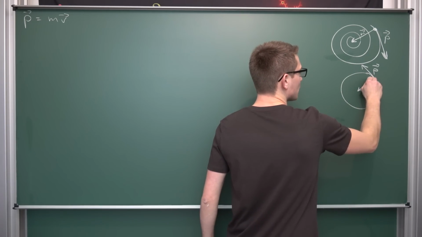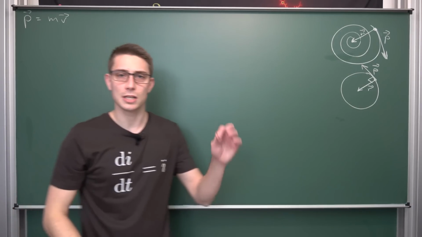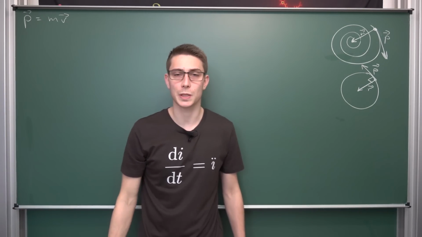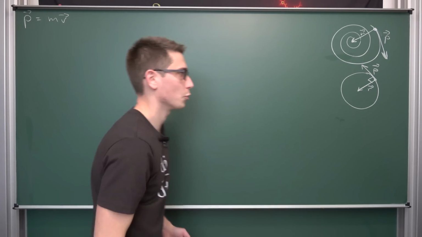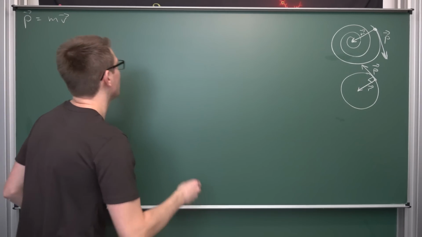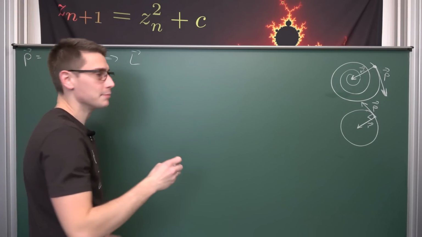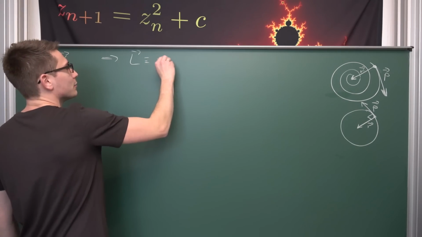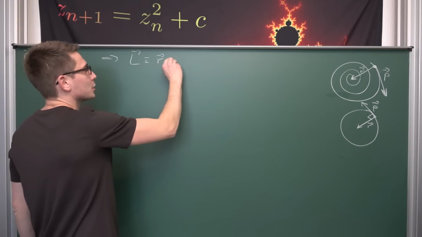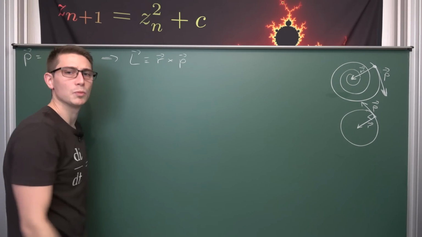Those enclose a 90 degree angle, and you can always express relationships between vectors and angles using the cross product. And this is the main motivation behind the angular momentum, namely the angular momentum, capital L with a vector on top, is defined as the r vector in the cross product with the momentum.